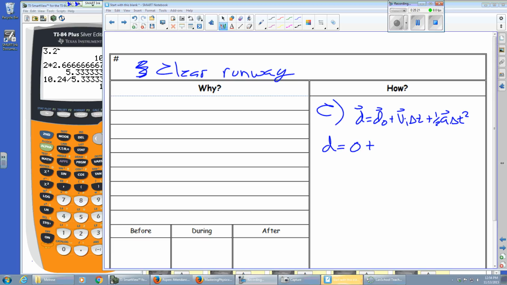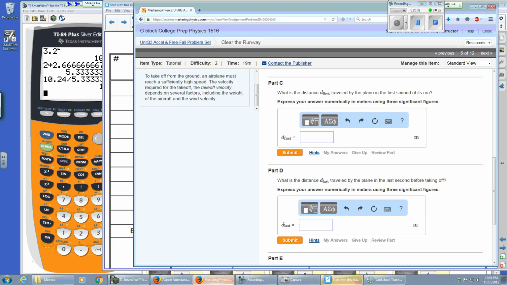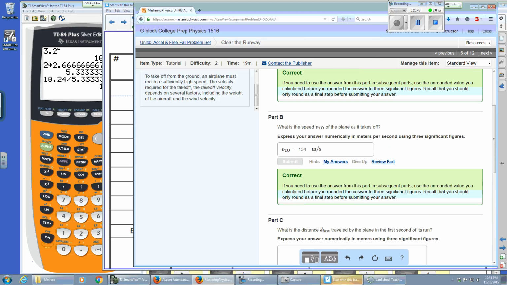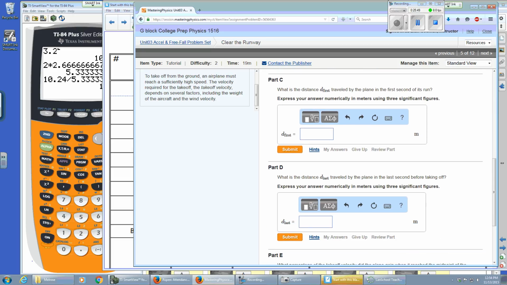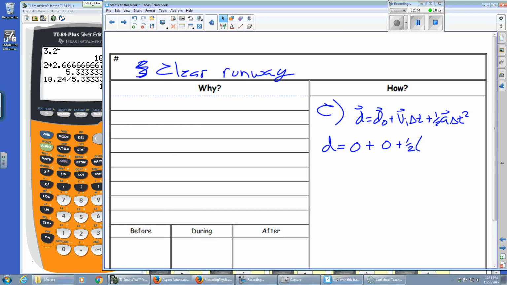What's its initial velocity starting from rest? 0. So 0 plus 1/2. My plane is accelerating at 5 meters per second squared, I think it said, and it's traveling for 1 second, right?